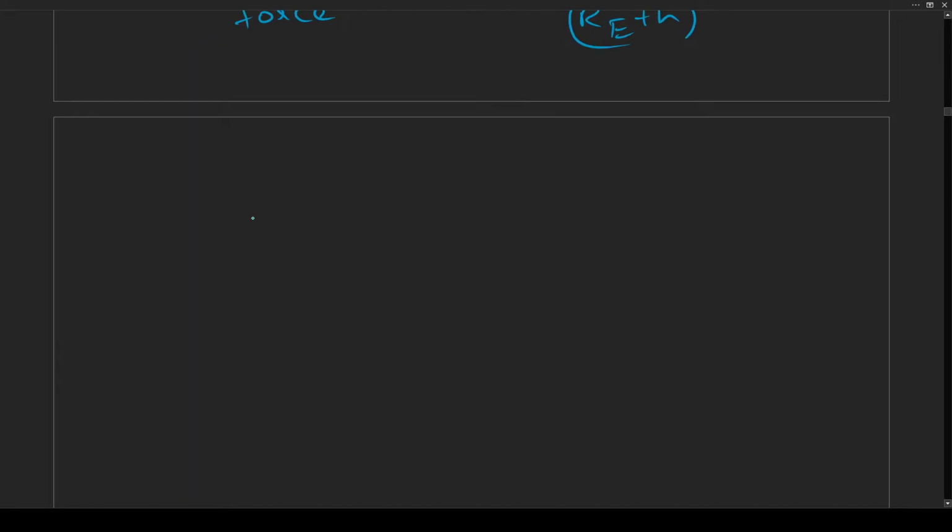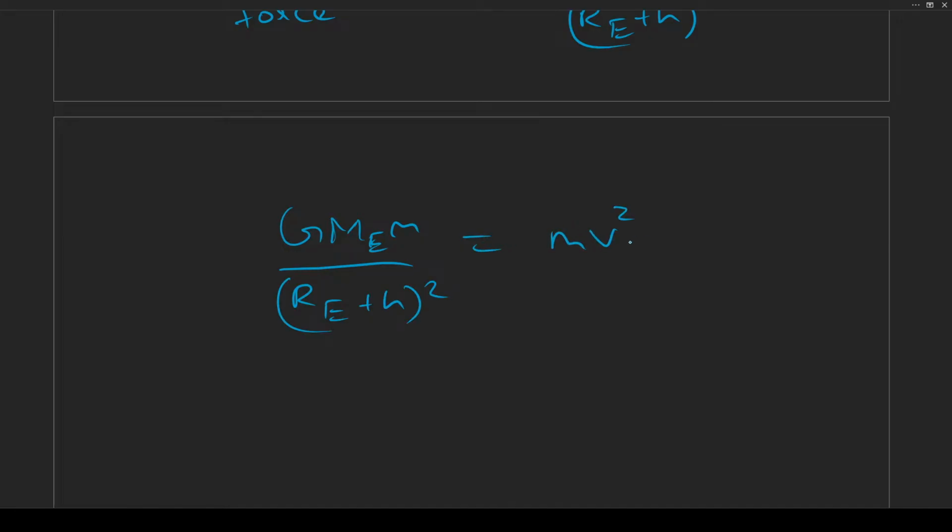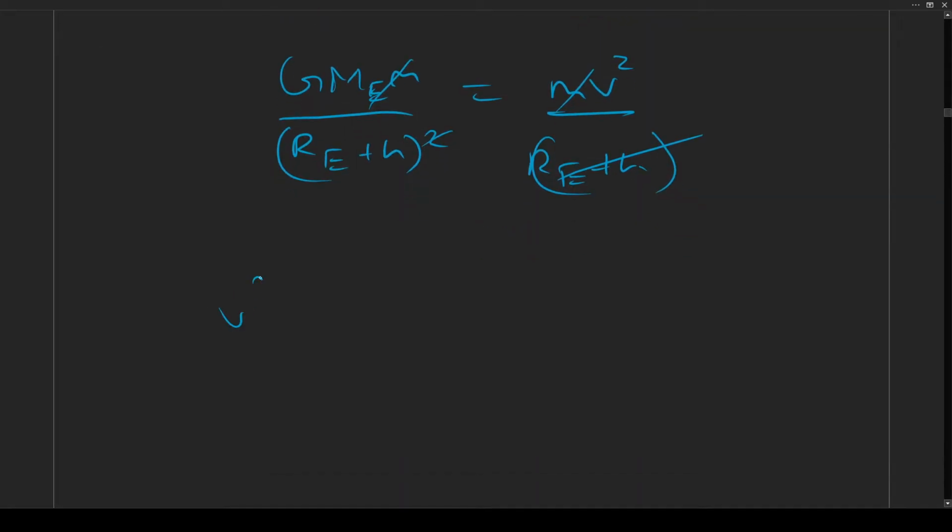Equating them both, we get G Me m by RE plus h whole square equals mv square by RE plus h. This m cancels, and this cancels, so we will get v square equals G Me by RE plus h.